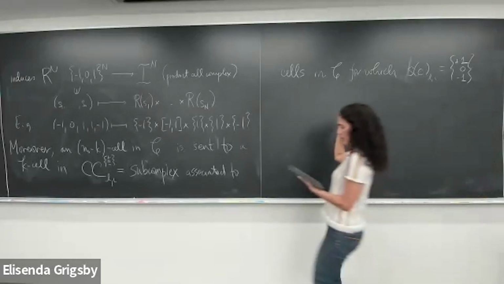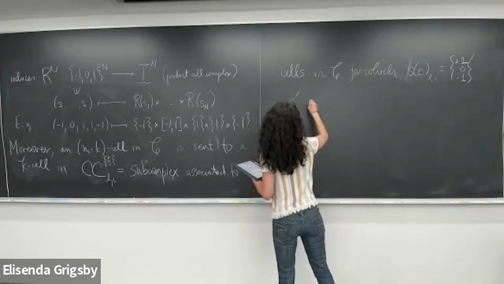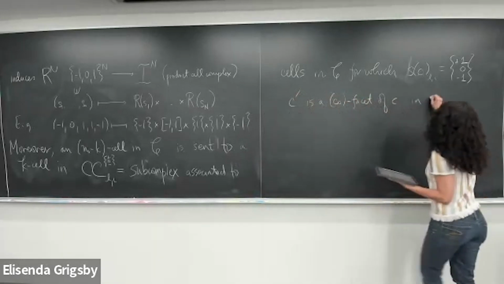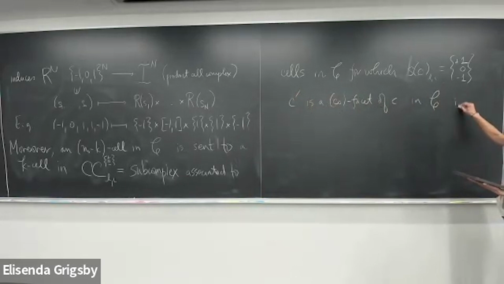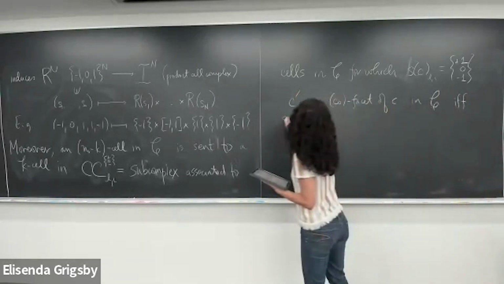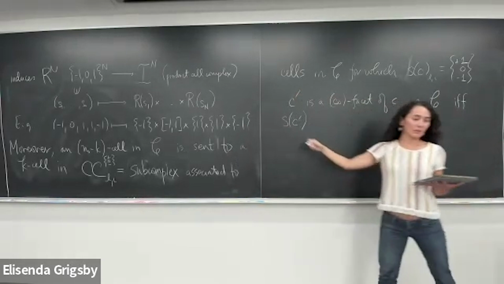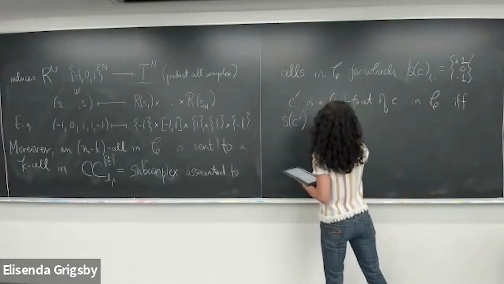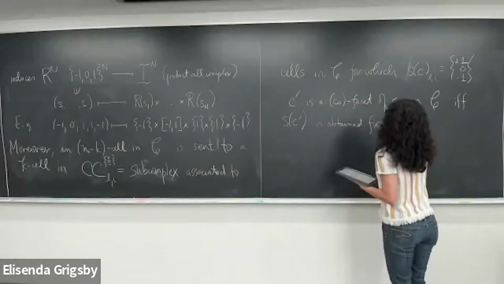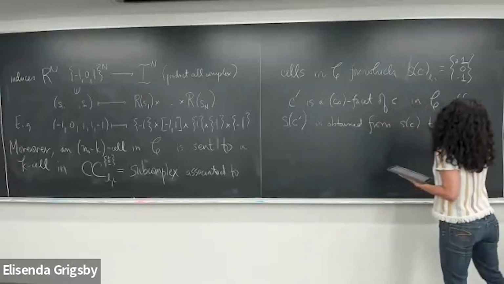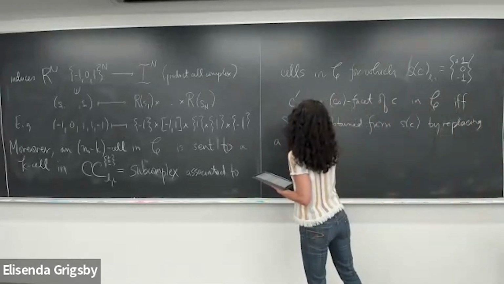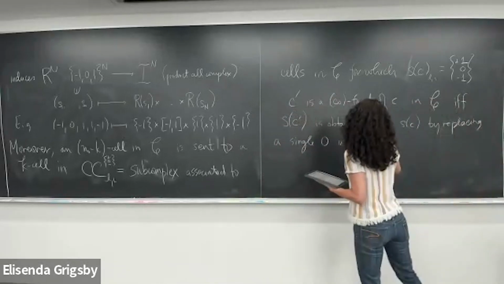And moreover, let's see. C prime is a co-facet of C in your original complex if and only if, when you take the ternary sign, it's obtained from S of C by replacing a single zero with a plus or minus one.